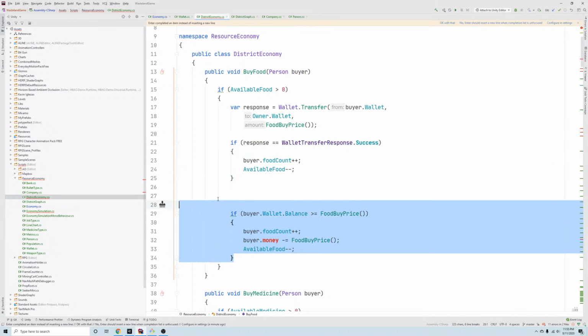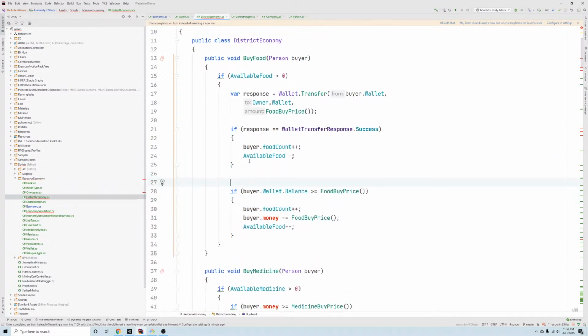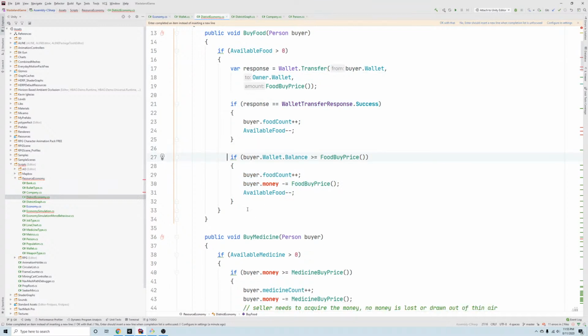So I think this is the update right here. If it's successful, transfer the food because the money is transferred here. And this is the old method.